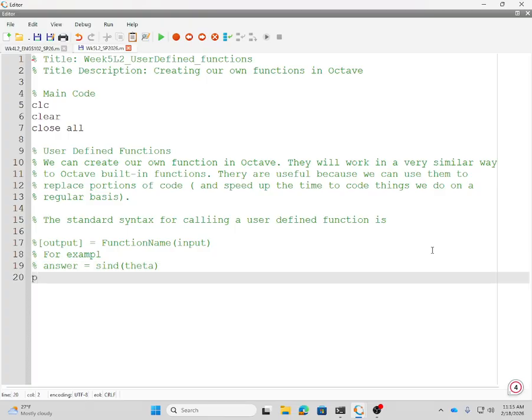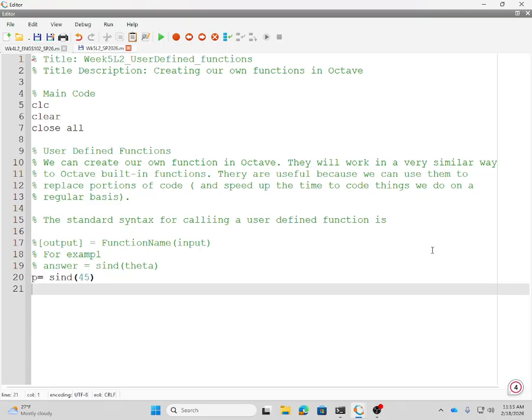So say with a real example, p equal to sind 45. Here this is the default function that I'm using, but as I said, we're gonna learn how to write this as well, at some point, not here, but this is just one of the examples. I have some more notes about the user defined function, shortly after I finish typing.